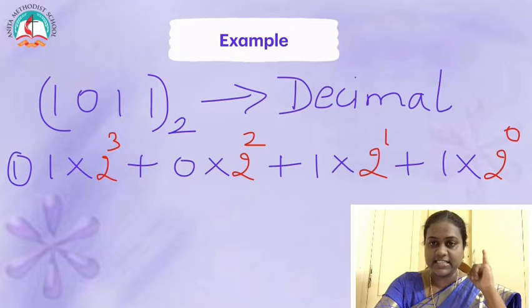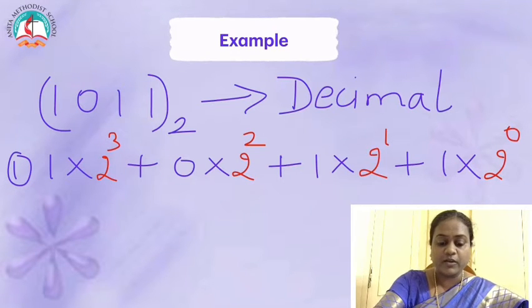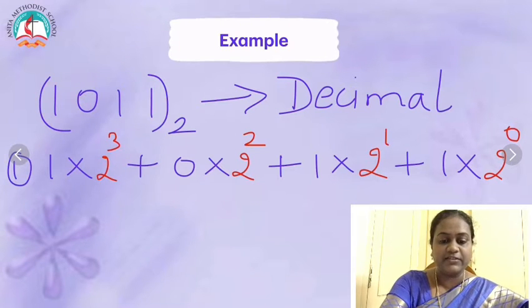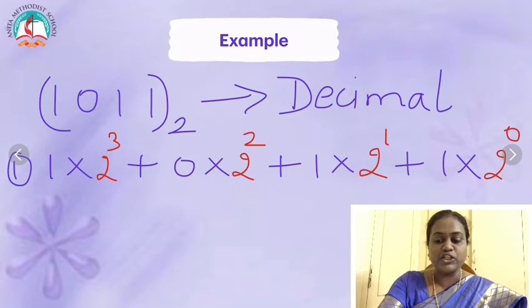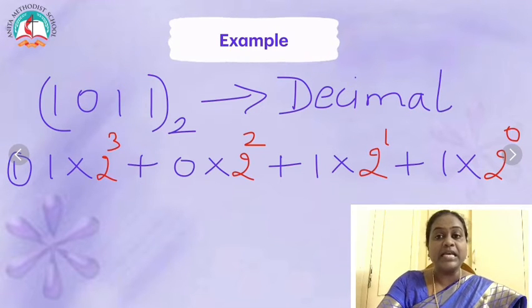As in the steps, first I write the positional value. For the first 1, it is 2 to the power 3. For the 0, it is 2 to the power 2. For this 1, it is 2 to the power 1. And for the last 1, it is 2 to the power 0. That is my first step.